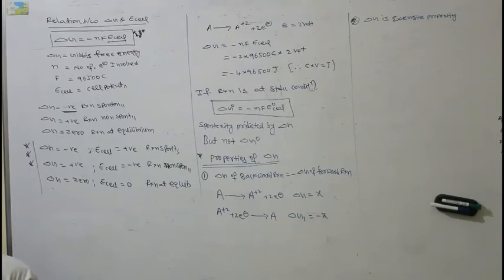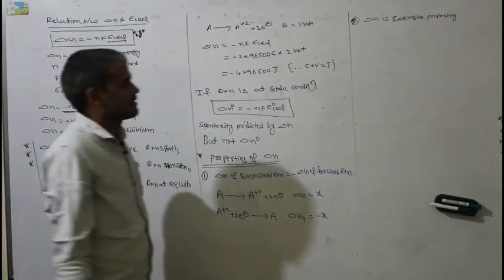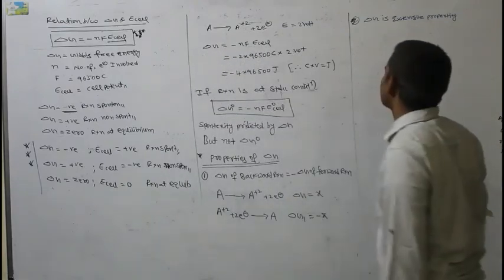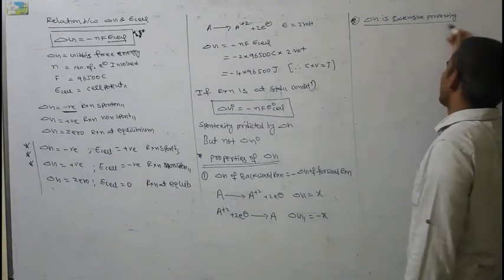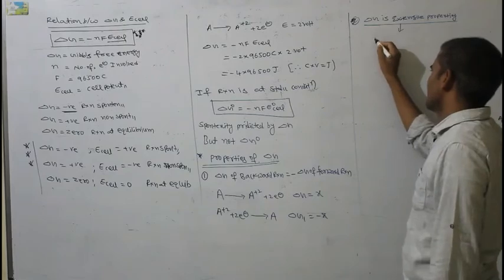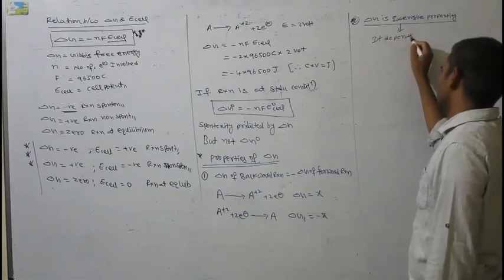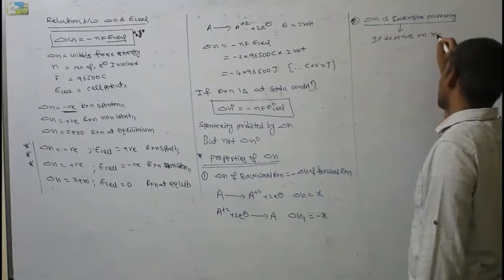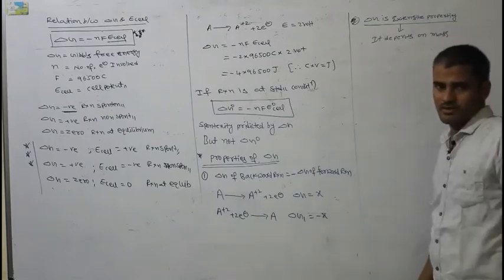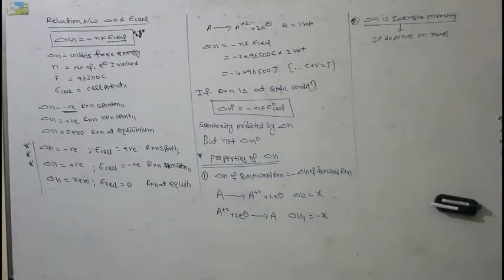Del G is an extensive property which depends on mass. How does it depend on mass?